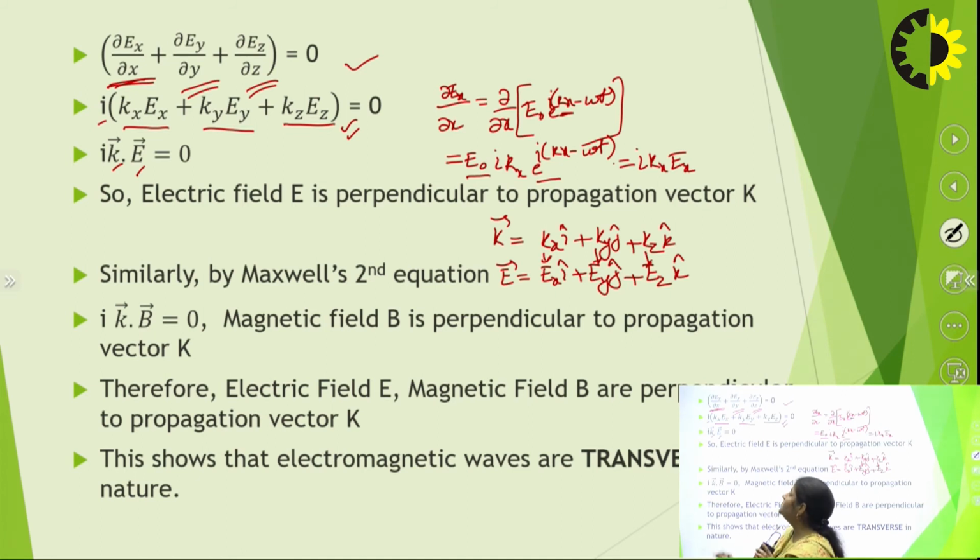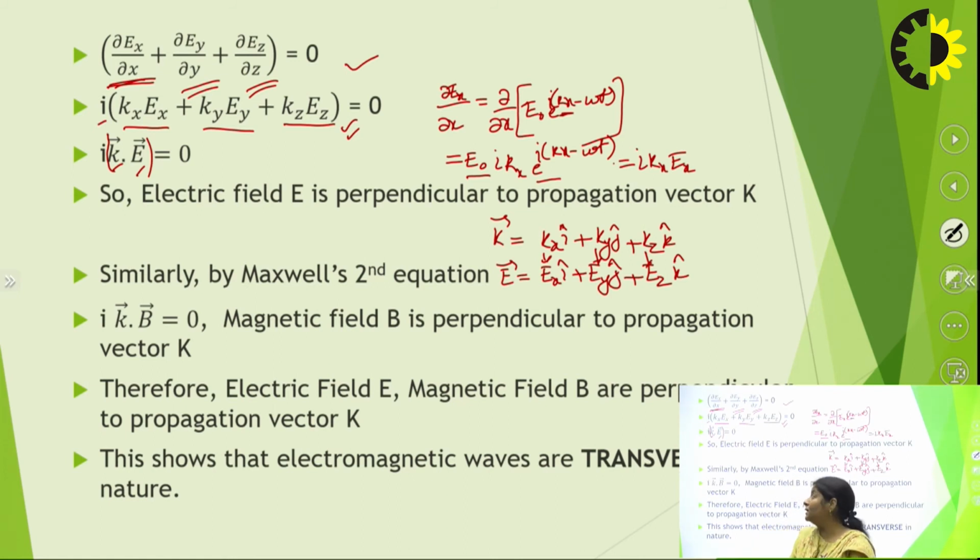Now we are having i k dot E equals 0. What can be the possibility? We already know that i cannot be 0, so k dot E is equal to 0. The propagation vector k individually cannot be 0, and E individually cannot be 0.